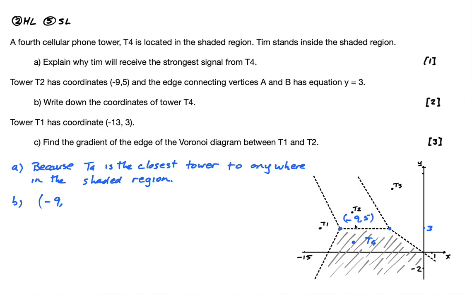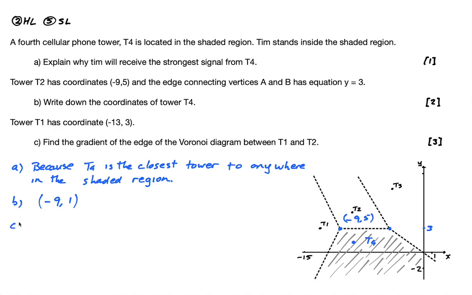What did I do to get from 5 to 3? I subtracted 2. So what am I going to do from 3? I'm going to subtract 2 here, so it's 1. So does that make sense kind of intuitively? We're at -9, 5. This line is the bisector of these two. So if I'm at 5, down to 3, down to 1. So -9, 1 is the coordinate of T4.